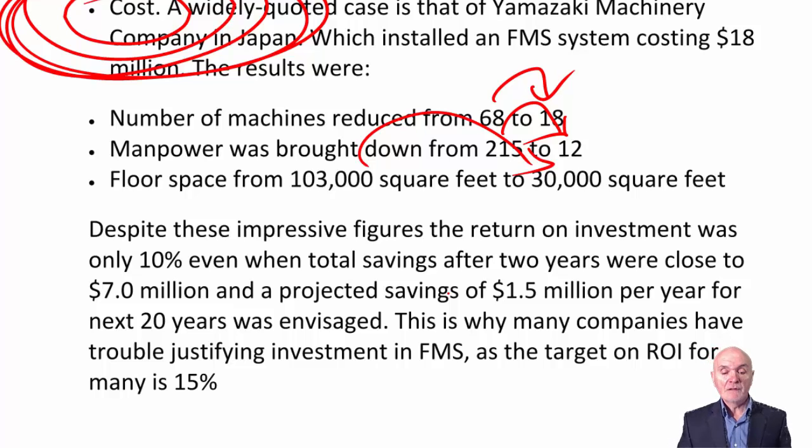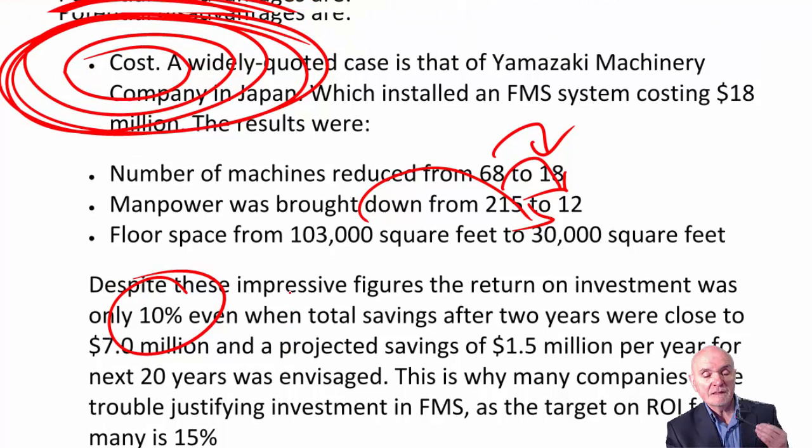But the savings were only about 10%. And it didn't give a great return on investment. The return on investment, the big one, was about 10%, which is really quite low.